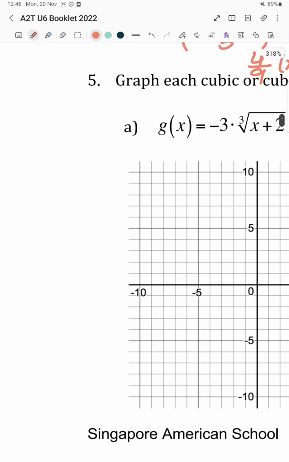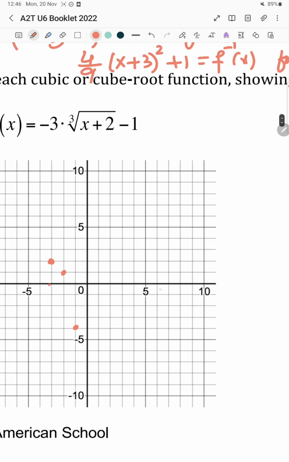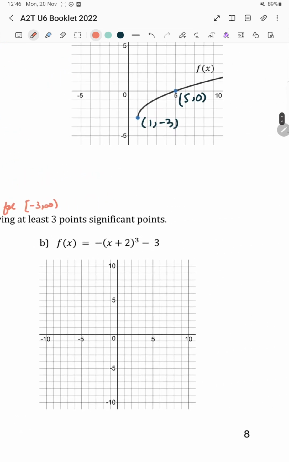For graphing, we need to take the values of x and y.